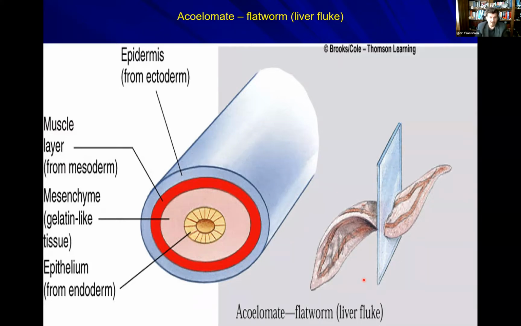No examples, I cannot give you the full credit. So flatworms, or platyhelminthes, that would be the example of the acoelomates. Very simple organisms. You literally can cut the liver fluke in half, and each one of those halves will regrow back into 2 separate worms.